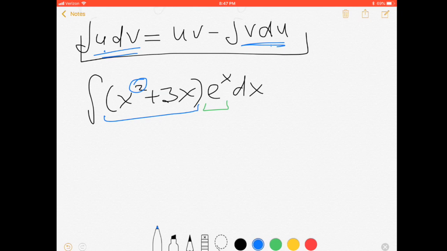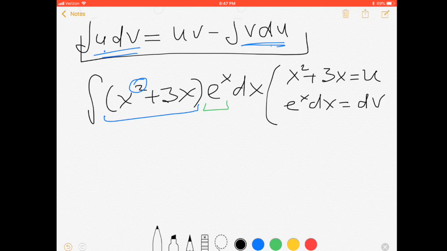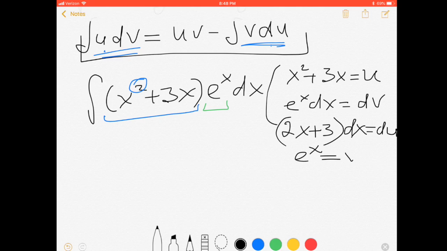This means x squared plus 3x will be u, and e exponent x dx will be dv. Then 2x plus 3 dx will be du, and e exponent x will be v.